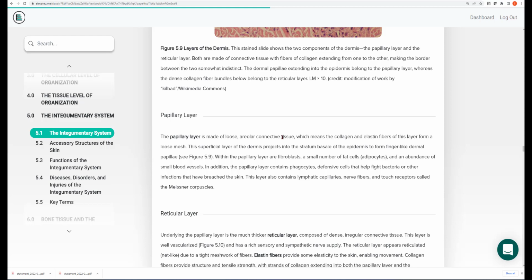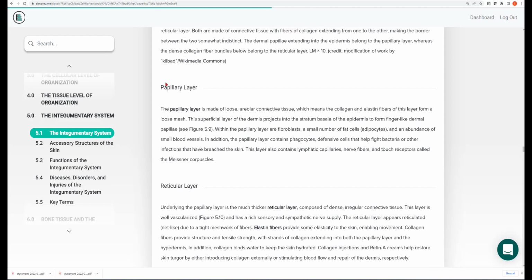And one of those places is here in the papillary layer of the dermis. Again, fibroblasts are the cells that are making this arrangement of proteins. There's a few fat cells in here, but there's also a lot of blood vessels. These blood vessels are the ones that are going to vasodilate or vasoconstrict to help regulate your body temperature.